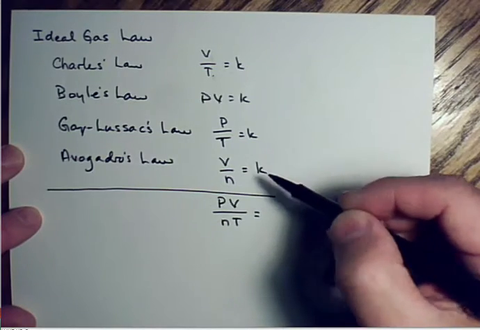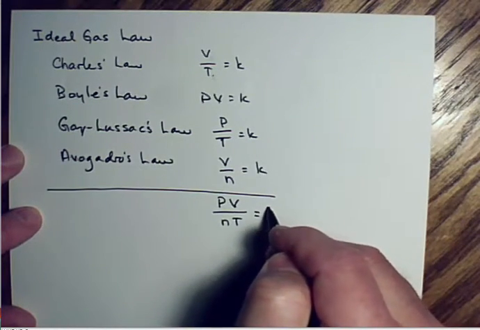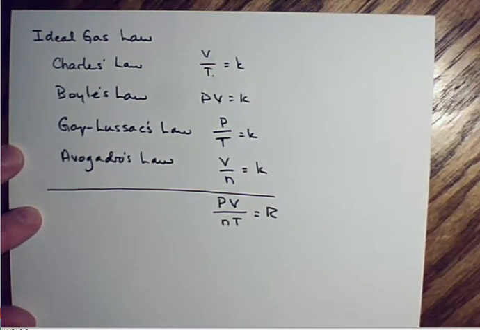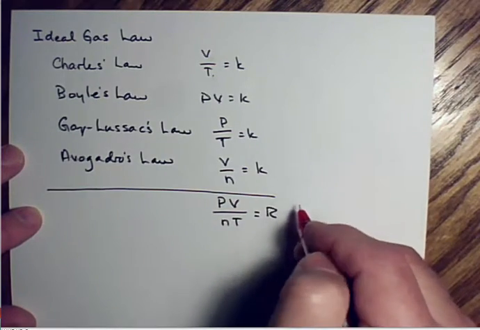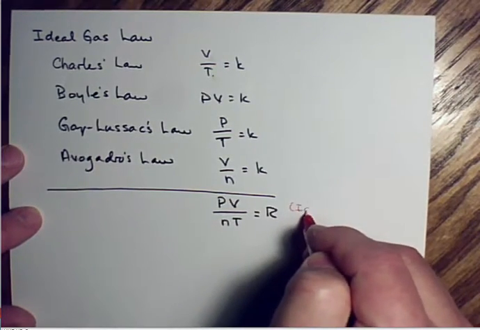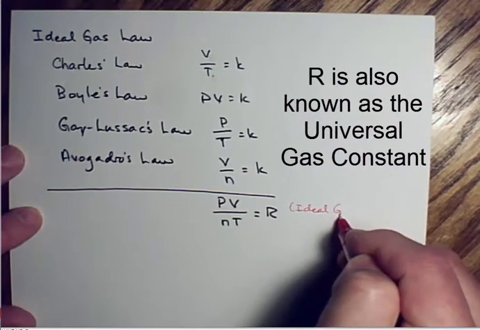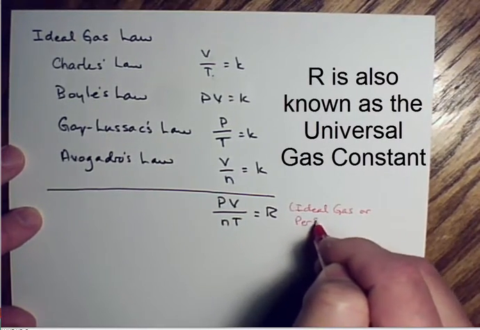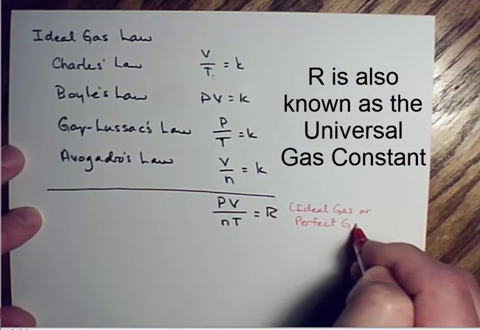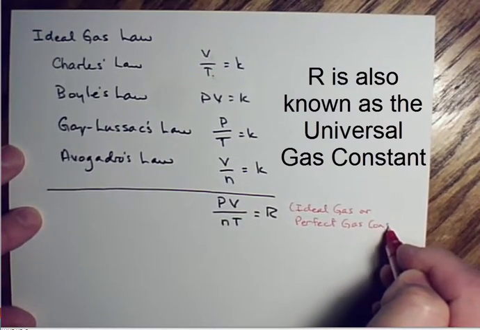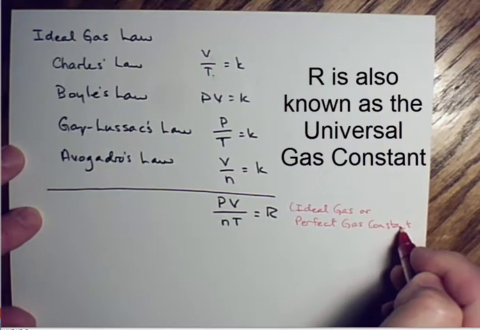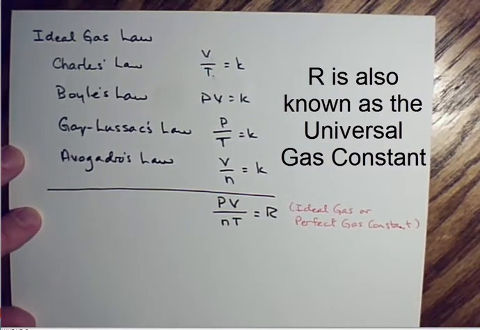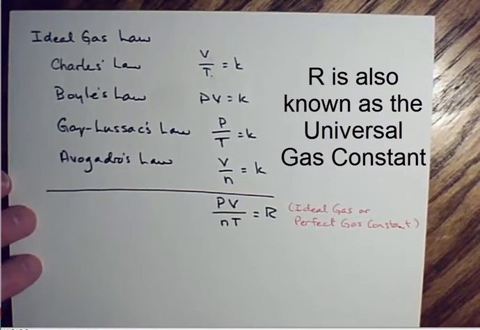We use the capital letter R, and that is the ideal gas or perfect gas constant.